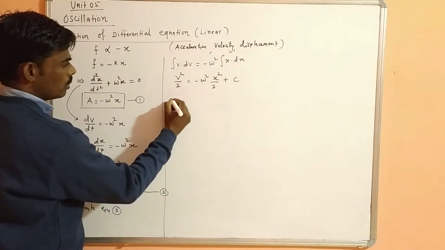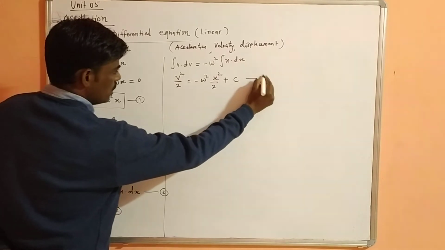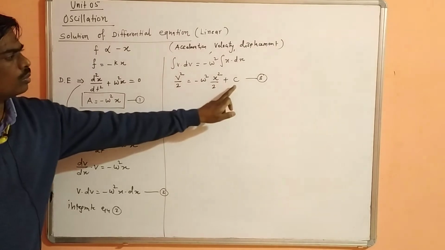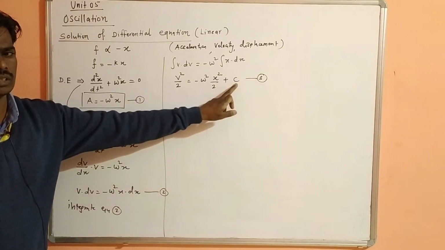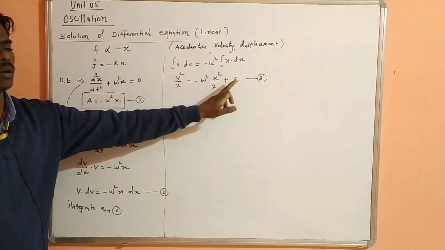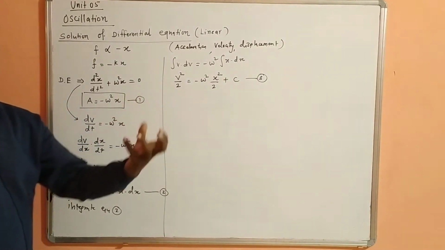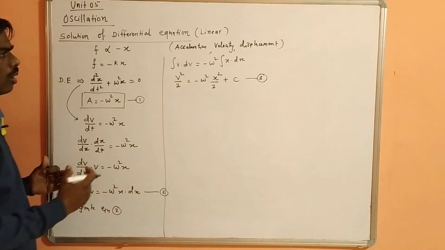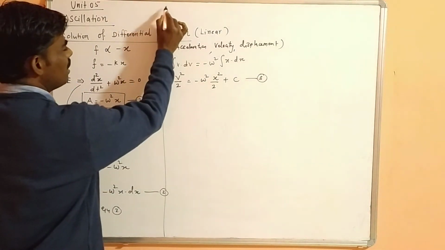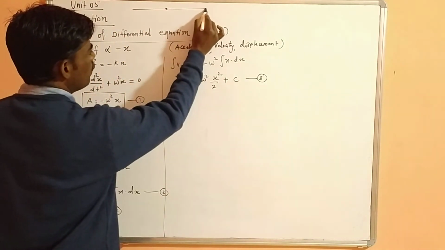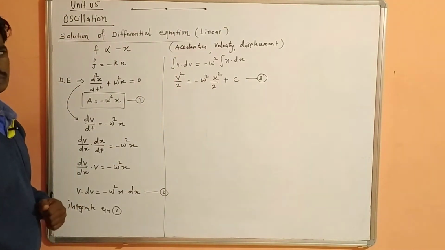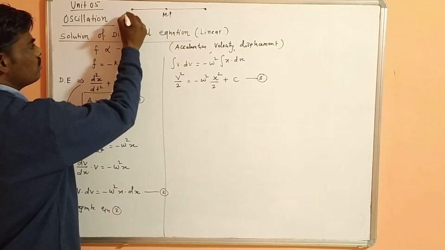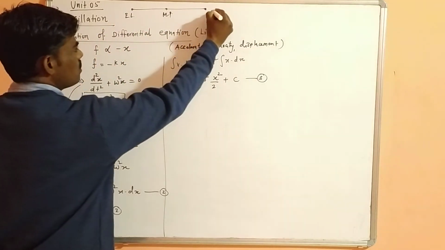So this is equation 3. Now we can find out the value of v if we know the value of c, constant of integration. And this constant c we can obtain from boundary value condition for linear SHM. So if we take the example of any linear SHM, we know that the particle is performing to and fro motion. This is mean position, this is extreme left position and this is extreme right position.